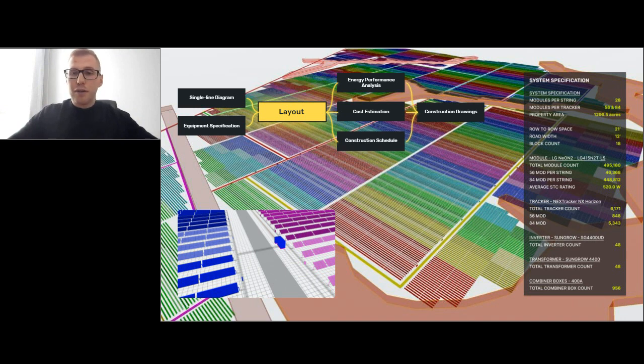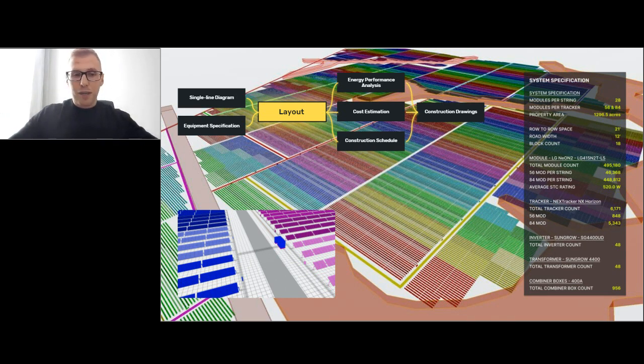The PV farm layout is the most important document that reflects the chosen single line diagram and equipment specification. It also serves as a basis for energy performance analysis, cost estimation, construction schedules, and obviously construction drawings.